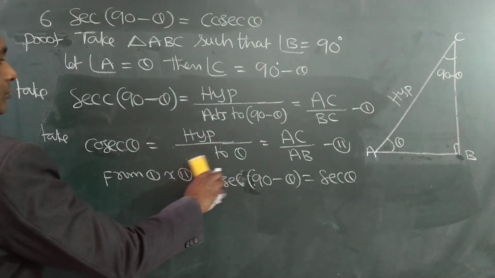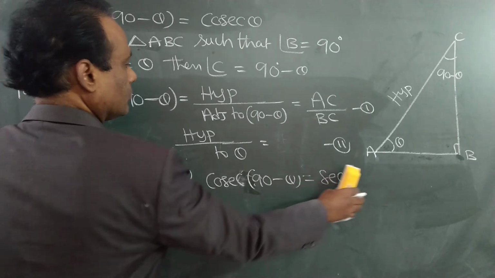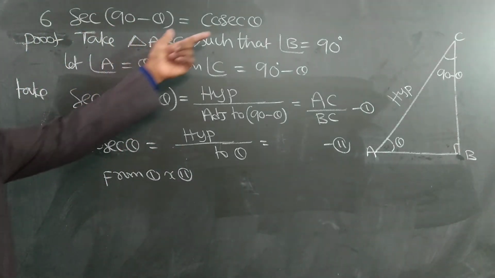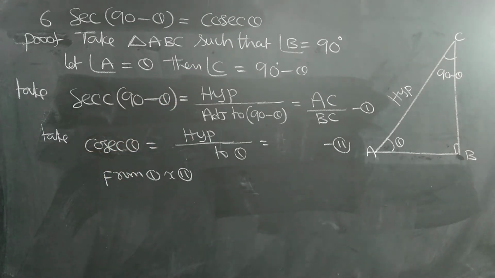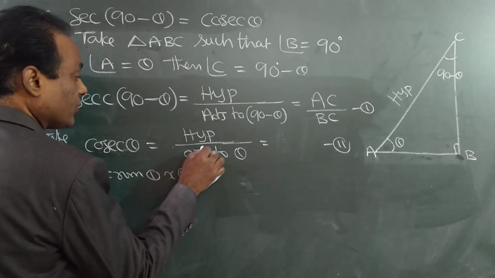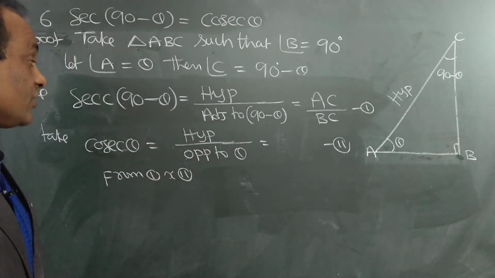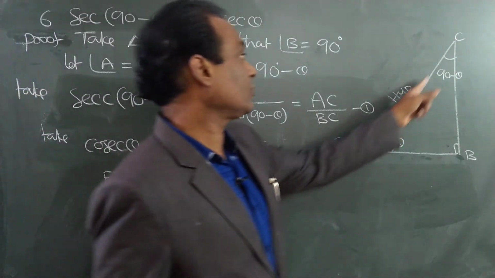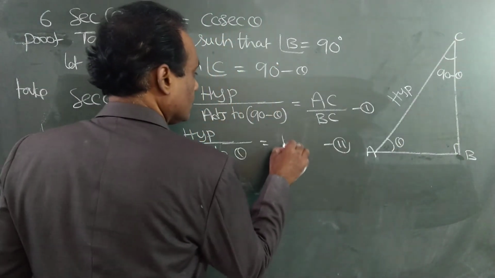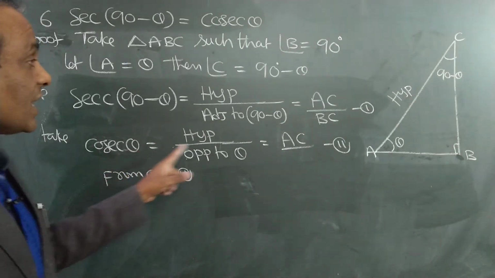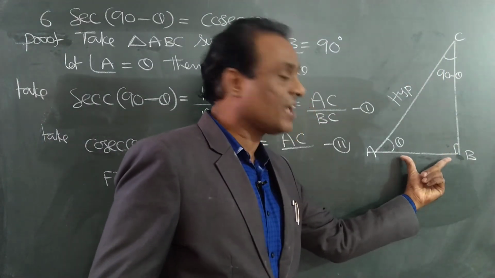Next, take the right side, cosecant theta. What is the cosecant theta definition? Hypotenuse by opposite. What is the hypotenuse? AC. Which angle am I taking? Theta. For theta, what is the opposite side?